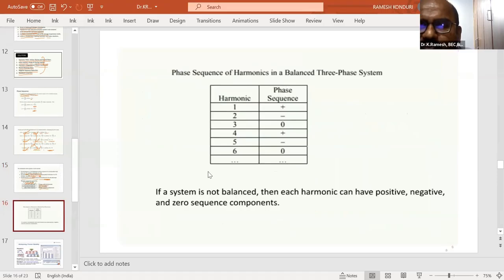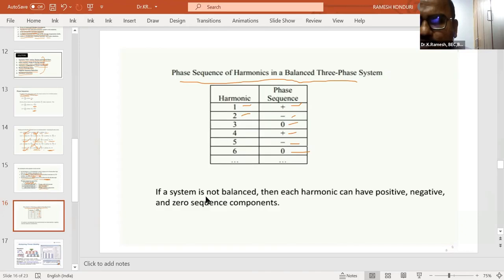And if we take up in the form of a table the corresponding phase sequence of the harmonics in the case of a balanced three-phase system, the fundamental harmonic has the positive sequence, the second one is negative, then 0, positive, negative, 0. So this is how the harmonics and the corresponding phase sequence can be shown.